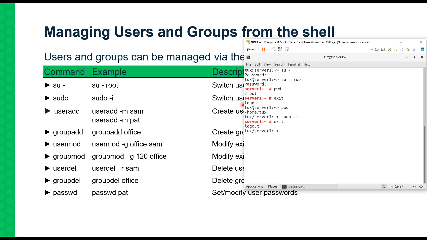We've logged out of the root user, and now let's quickly go sudo su minus. So this means we're going to switch to the root user because we're not specifying this, but we're using our sudo command to switch to this user, and we can still switch to our root user.